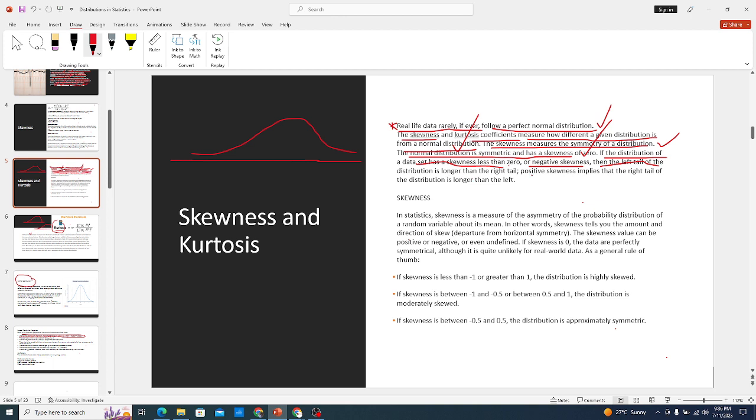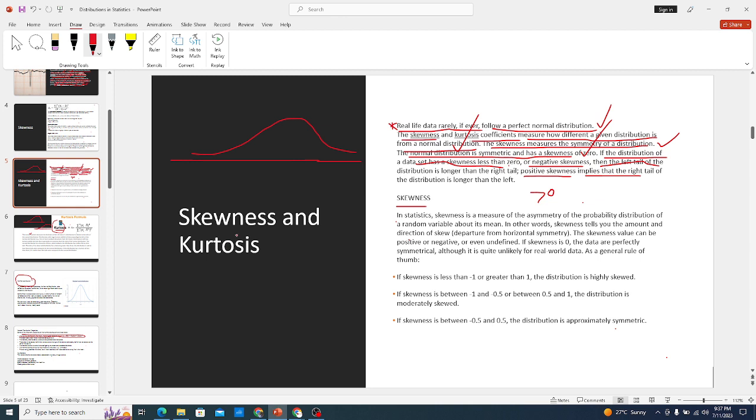For a positive skewness, meaning the value is greater than 0, it implies that the tail is longer to the right of the distribution than it is on the left.